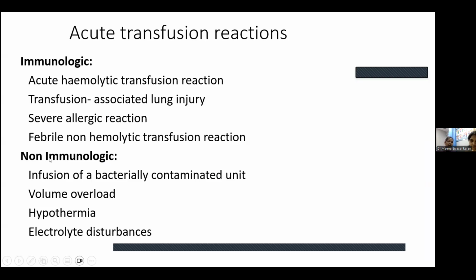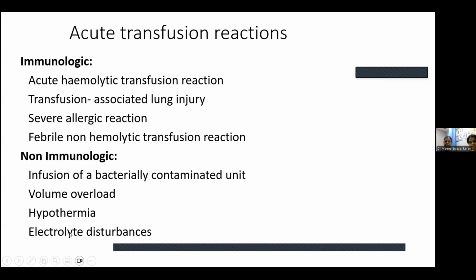In transfusion-associated lung injury, there will be bronchospasm. We should immediately resuscitate the patient and escalate for further management. Non-immunologic reactions are infusion of a bacterially contaminated unit, volume overload, hypothermia, and electrolyte disturbances.